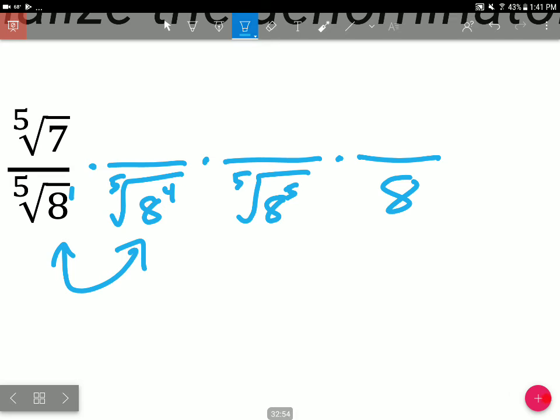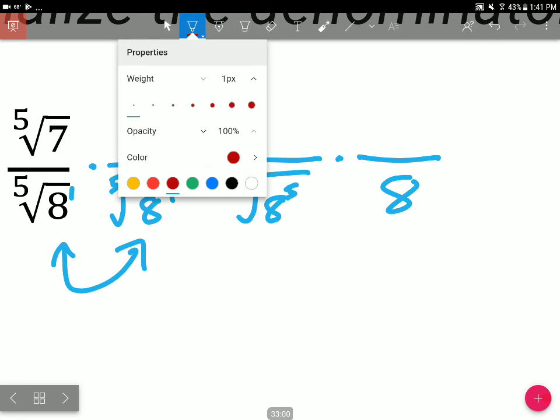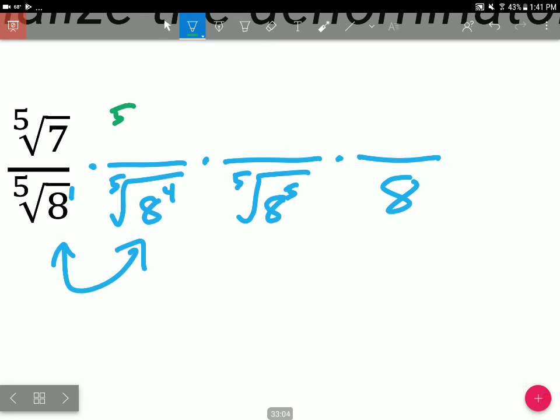Okay, one of the big rules of fractions, whatever you do to the bottom, you got to do to the top, right? So here we go, let's do the top. I'll change colors just for the fun of it. Let's do green. So I still have to put a 5th root of 8 to the 4th. That's what we put on bottom, right? Whatever you put on bottom, that's what you got to put on top. Does anybody know why you do the same thing on top to bottom?